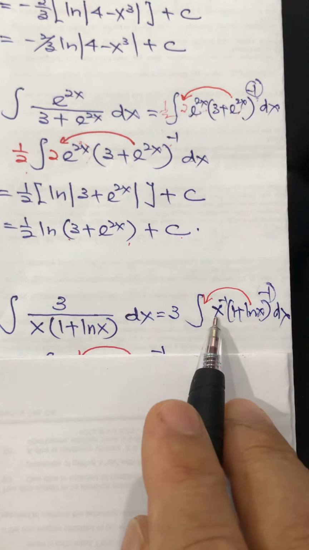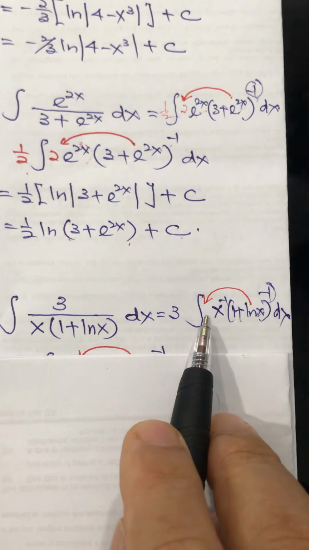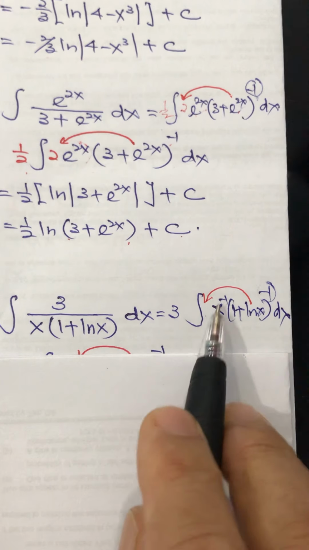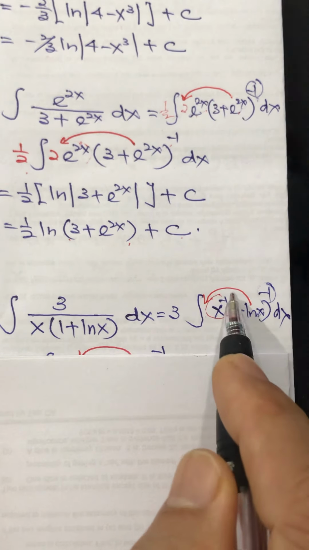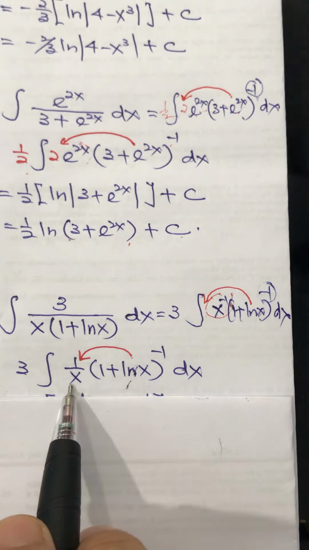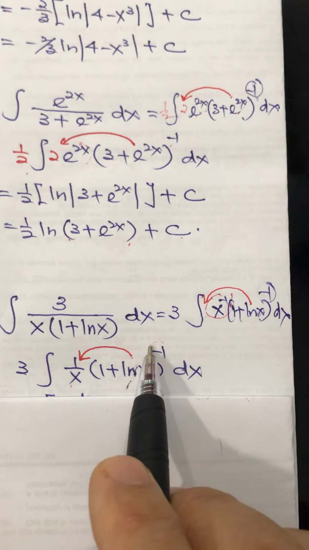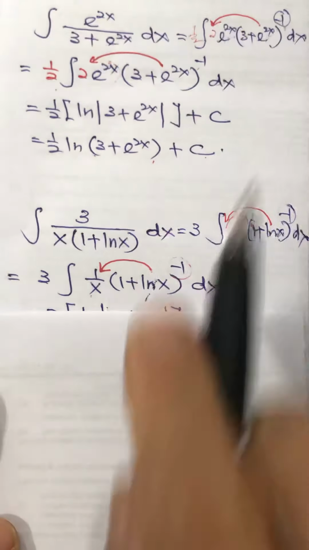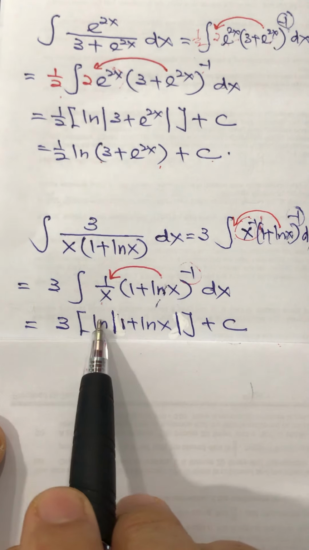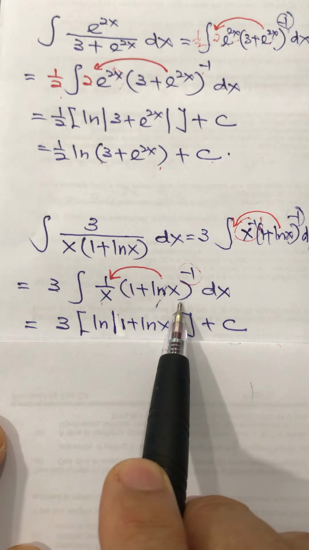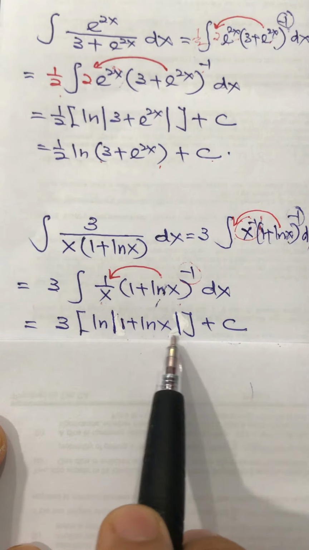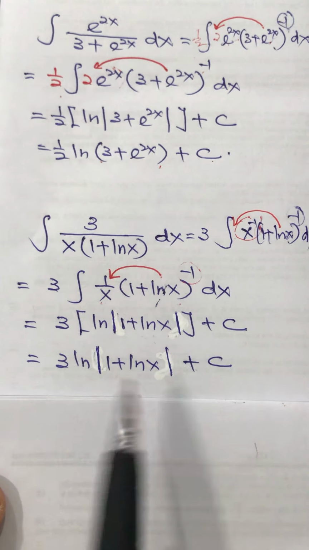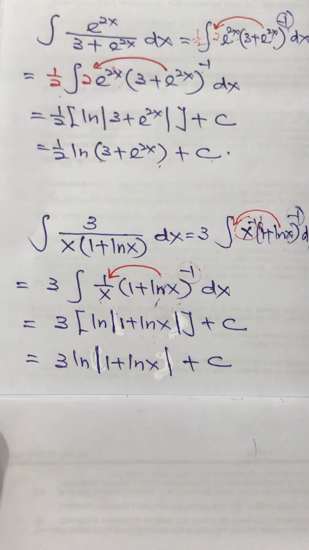When you differentiate it, you get x to the power negative 1. You don't have to add anything. It's already complete. This is already the condition, so you don't have to add anything. So now I can change this one into ln. So the answer will be 3, and then ln of the whole bracket, which is 1 plus ln x, with the modulus. So that's how we integrate the ln.